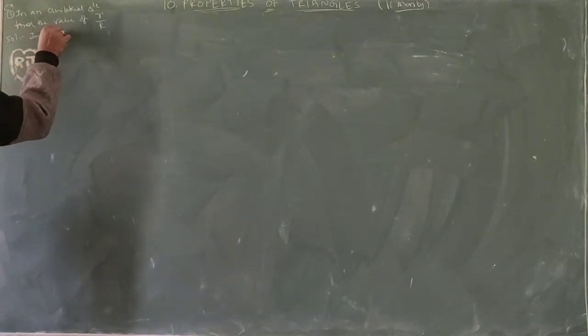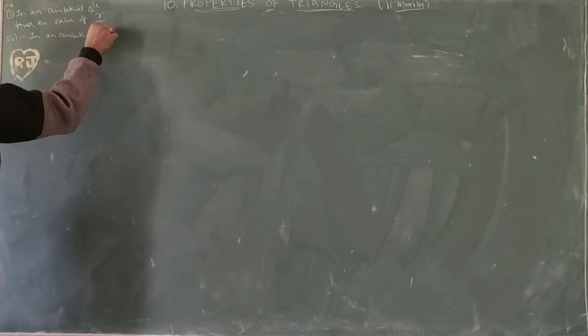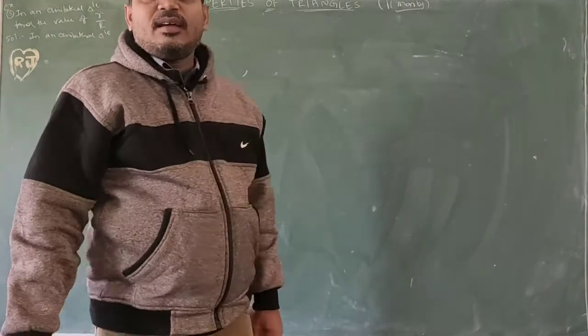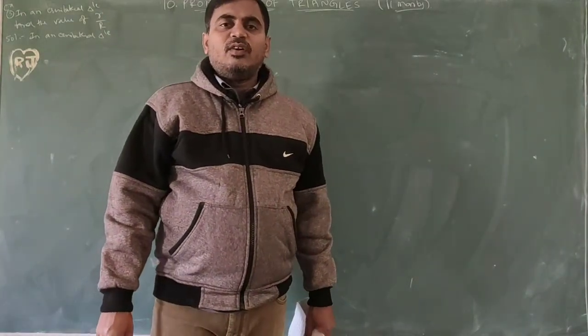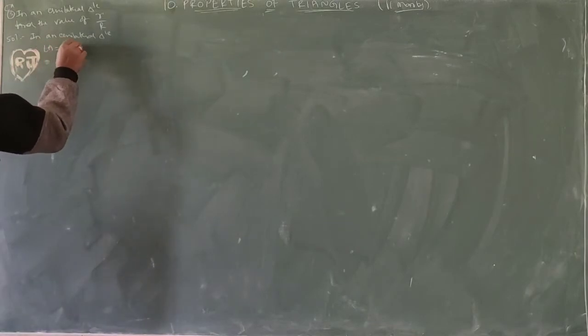In an equilateral triangle, all angles are equal to 60 degrees. Angle A equals angle B equals angle C equals 60 degrees.